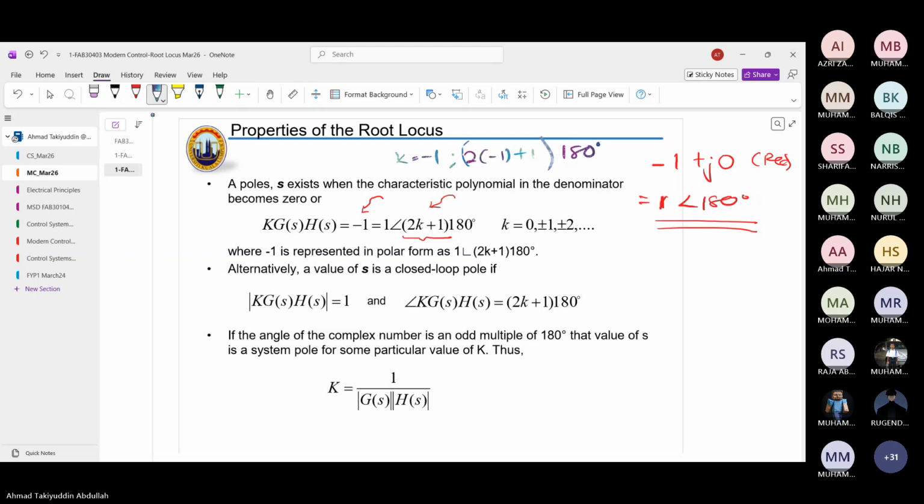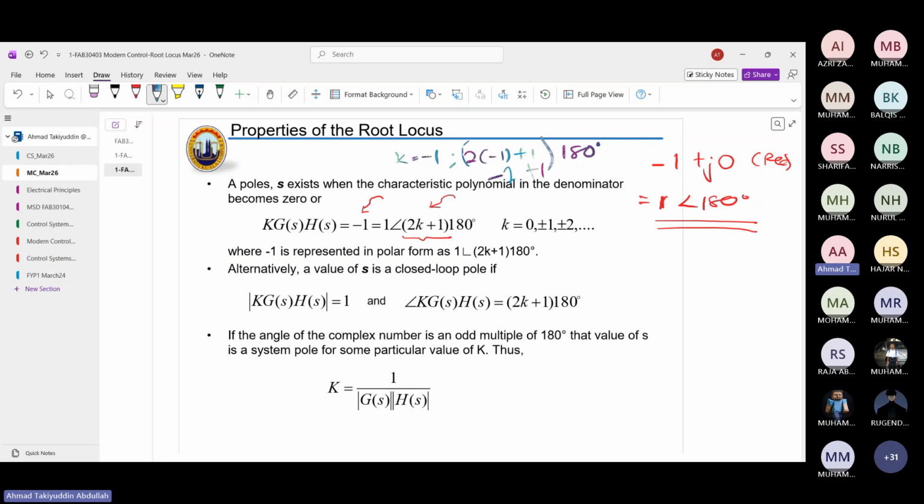Negative 180. 540. Negative. Yes, negative 540. Okay, that's good to know. 2 times minus 1 will be minus 2, plus 1.